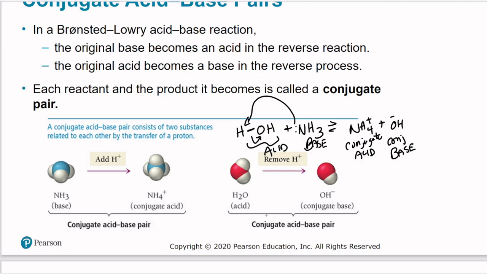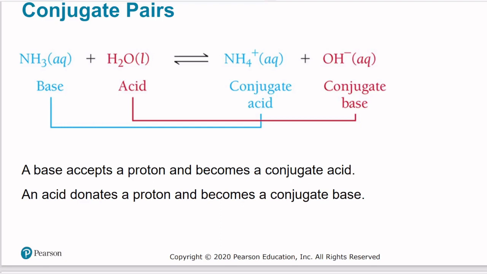We form the conjugate acid of the ammonia, that's the NH4 plus, and the conjugate base of the water is the hydroxide. So these are called conjugate acid-base pairs. A base accepts a proton and becomes the conjugate acid. An acid donates a proton and becomes a conjugate base.